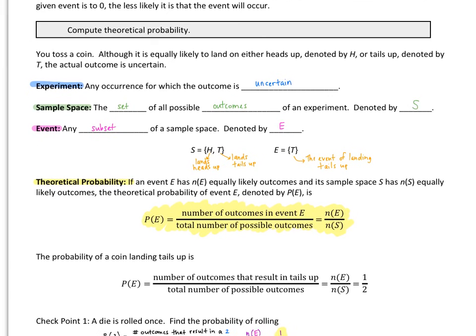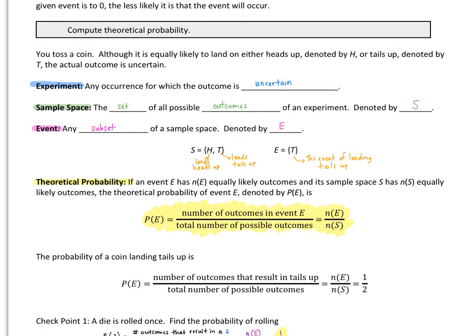Well, if an event E has n(E) equally likely outcomes and its sample space S has n(S) equally likely outcomes, the theoretical probability of event E happening is denoted by P(E). That means the probability of this event happening is the number of outcomes in event E over the total number of possible outcomes. That's our S, this total set, where E is the subset.